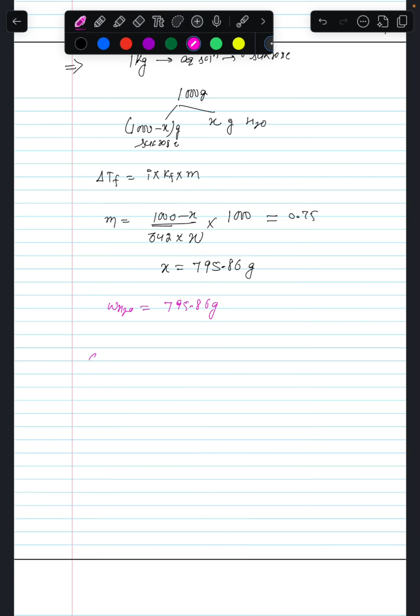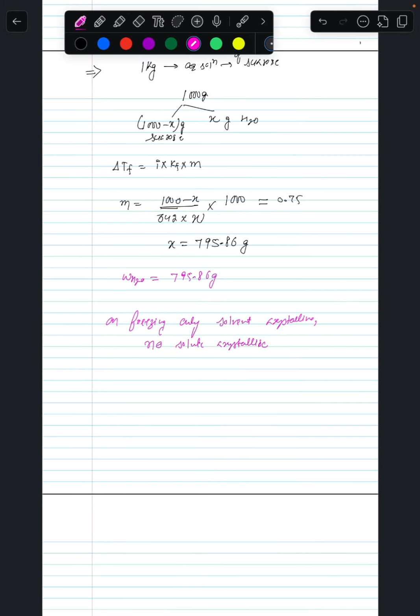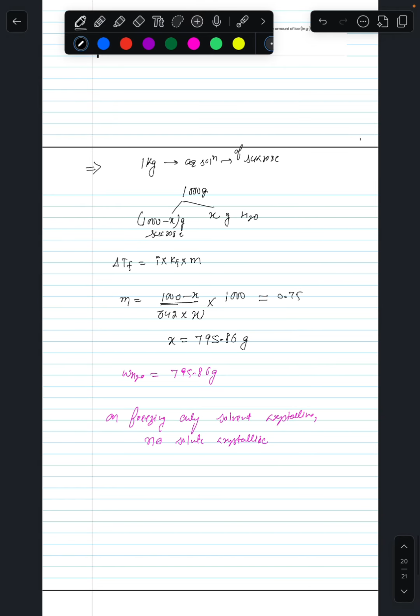And we know that on freezing only the solvent crystallizes, no solute crystallizes. So initially we have the mass of solute.